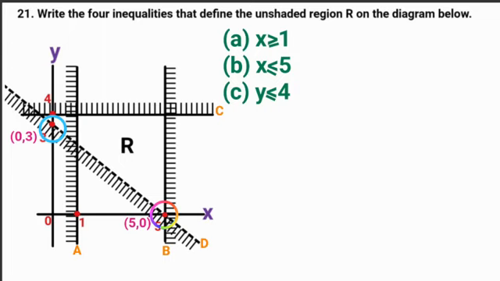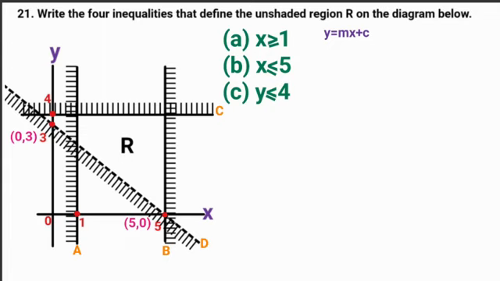Now that we have found the coordinates, as we can see, this line is crossing the x-axis and the y-axis. So what we're going to do now is come up with the formula we use to find the equation of the line, which is y is equal to mx plus c.